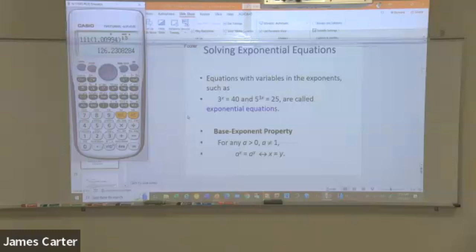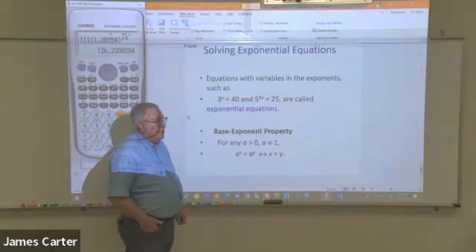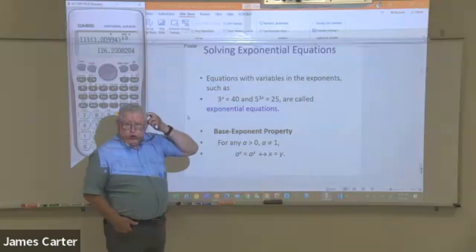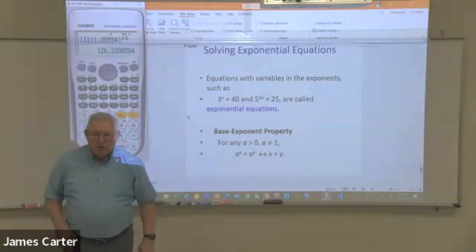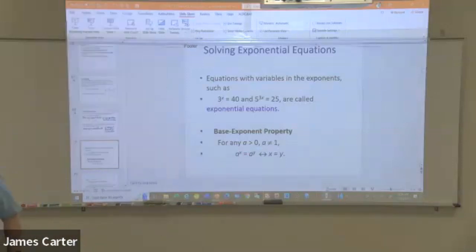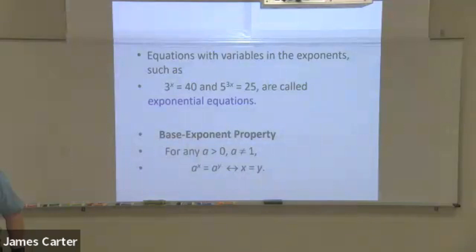All right, here we go. Now we're switching to something else. We're making a switch now. We're dealing with exponential equations, and we're going to try to solve some simple ones. I'm going to get out of my calculator and go back into the PowerPoint of this, which shows things sequentially a little more now.